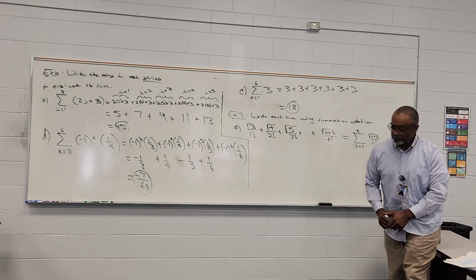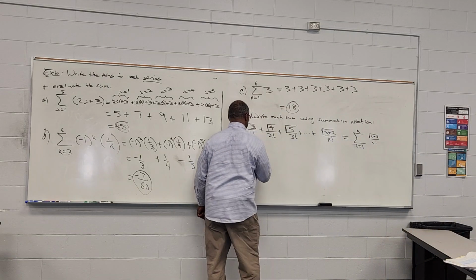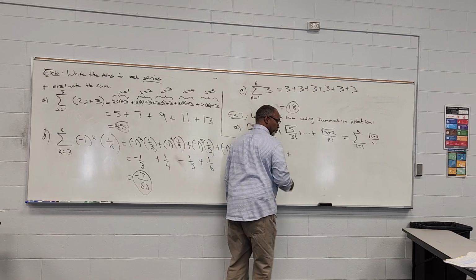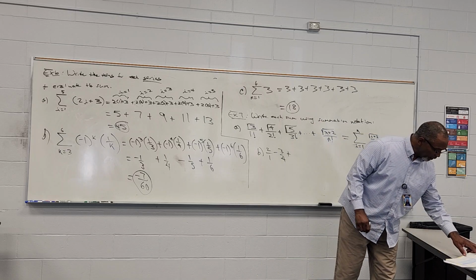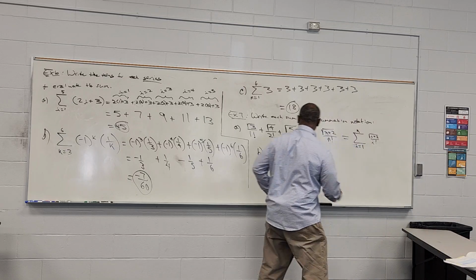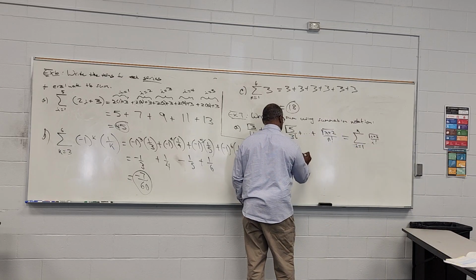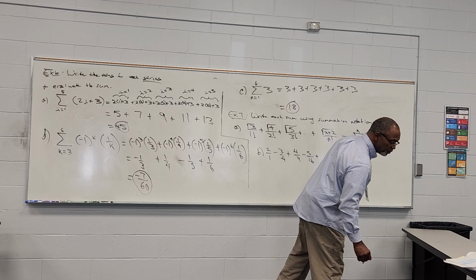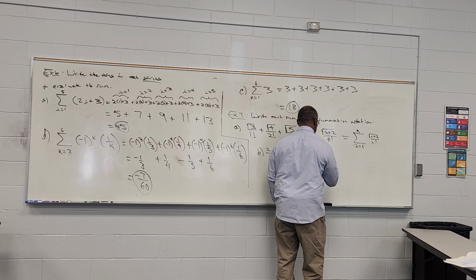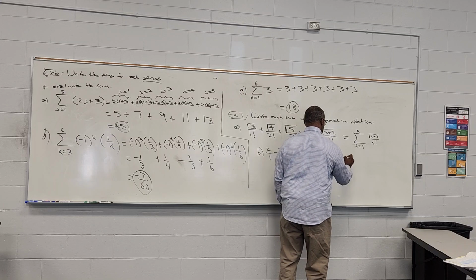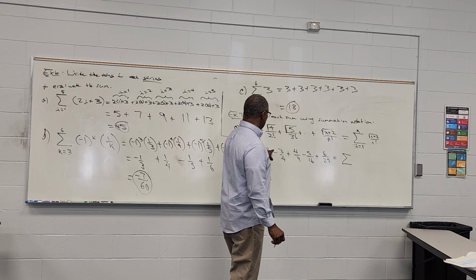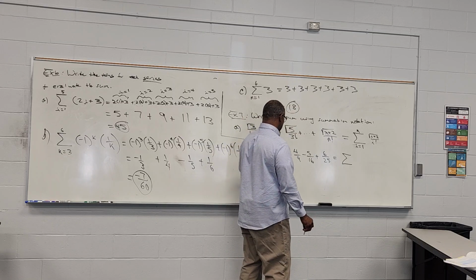B, 2 over 1 minus 3 over 4, plus, they say 4/9 minus 5/16, plus 6 over 25. Okay, equals. So again, I want to write this with summation notation. Well, again, 2, 3, and I got a negative, positive, negative, positive, negative.